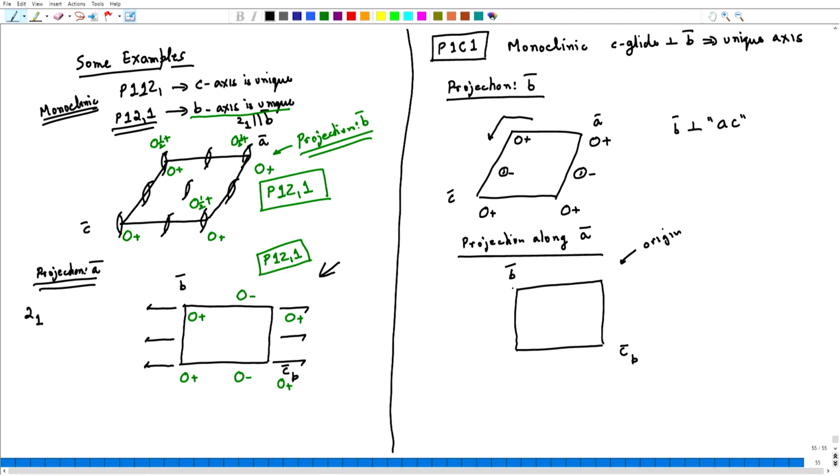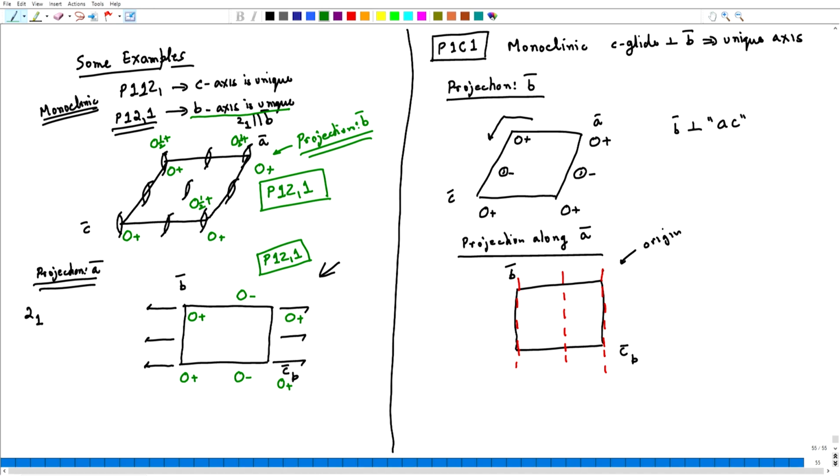A is coming out. So, this is how the glide will show up in this perspective and the glide translation is along C. So, then I think that is fairly simple. I think you can fill the motifs yourself quite simply.